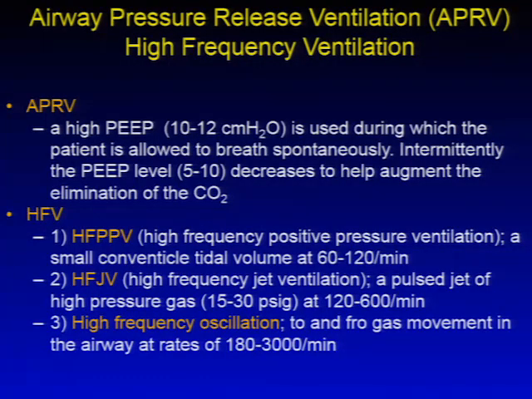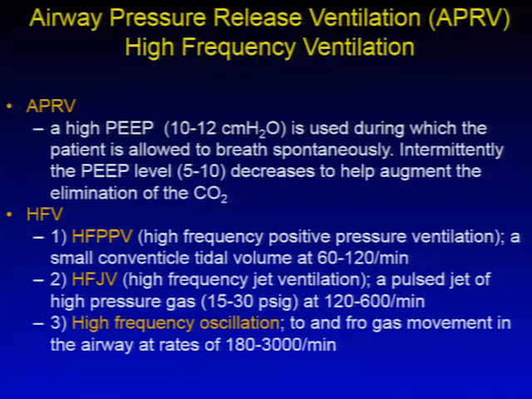HFJV, the high frequency jet ventilation, is a pulsed jet of high pressure gas, 15 to 30 psig at 120 to 600 times per minute. The most frequently used mode of high frequency ventilation is high frequency oscillation.